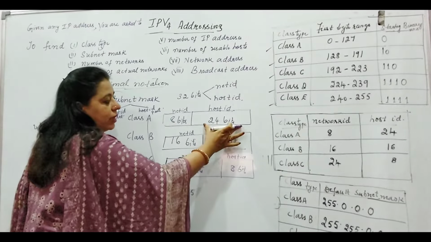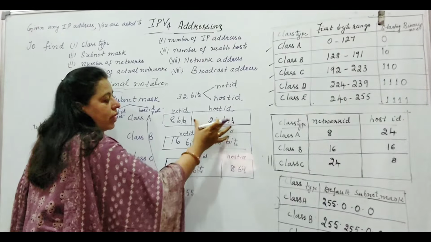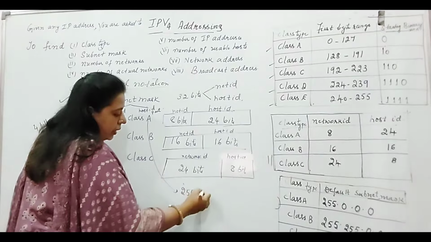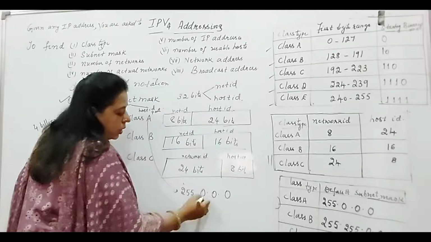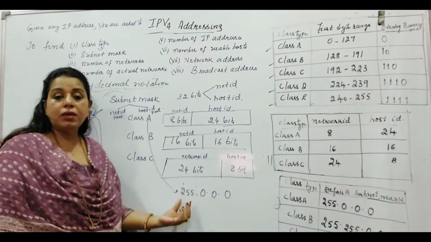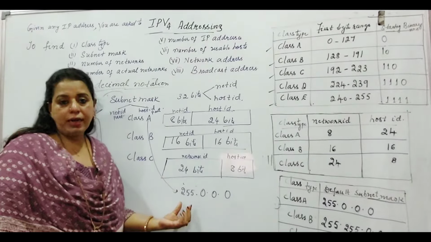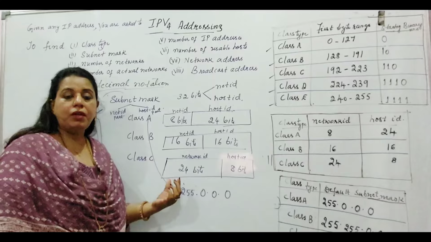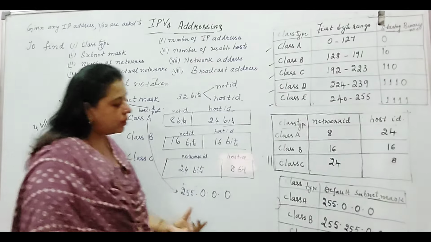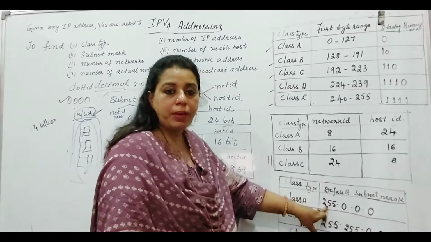What about the other 3 octets? They all belong to the host ID only, and that will be 0.0.0, because we have to mention only the network part of each class, and the network part of each class we denote with 1s, and that is how we write the default subnet mask.